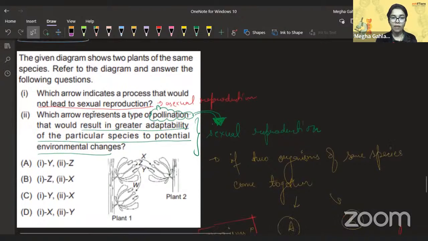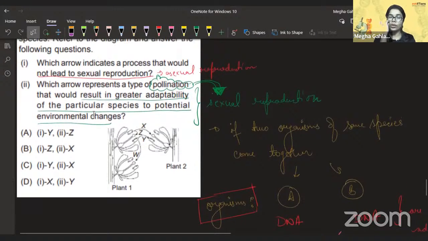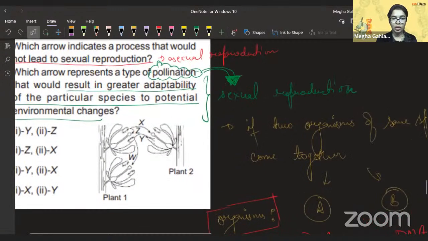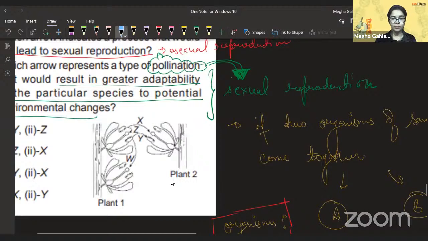Next, which arrow indicates a process that would not lead to sexual reproduction? If you look at this particular question, we have two arrows, right?